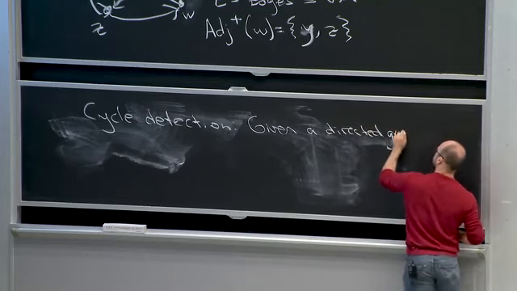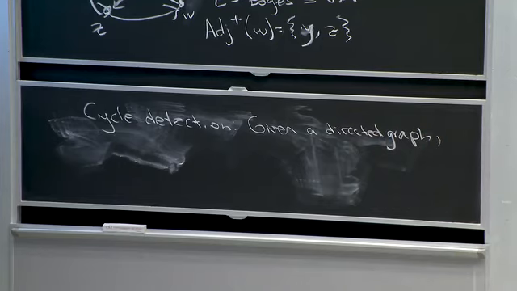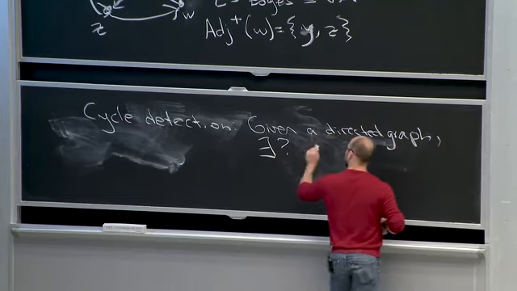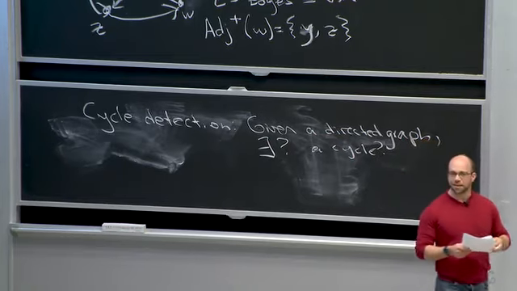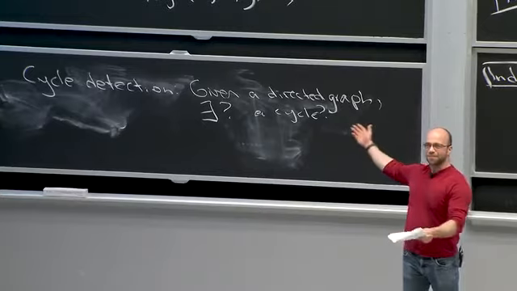There's a G in graph, in case you're wondering. But now we don't know if it's a DAG or not. And so the question that we're trying to ask is, does there exist a cycle in our directed graph? So we're just given our graph and we want to know if we can do this.